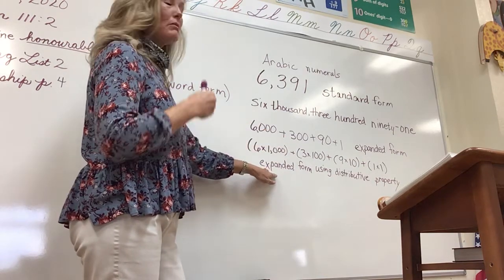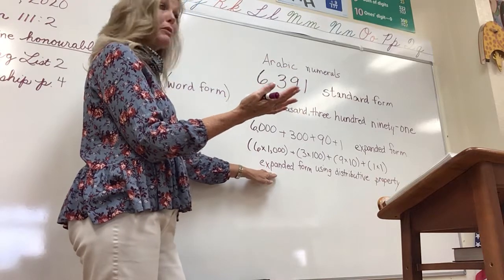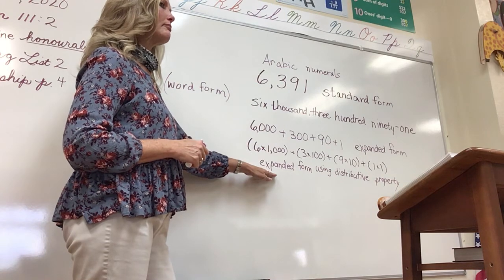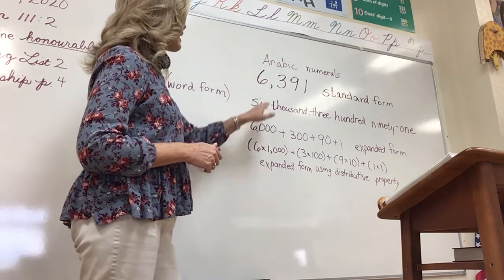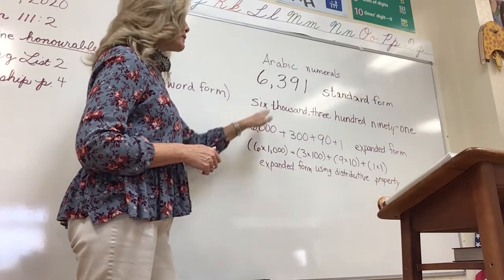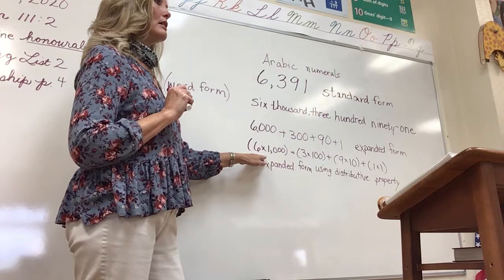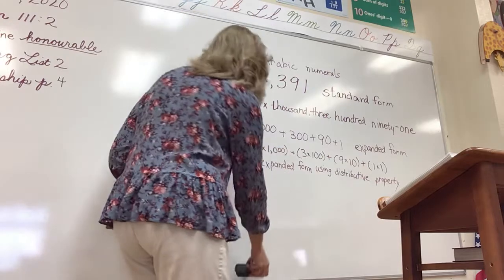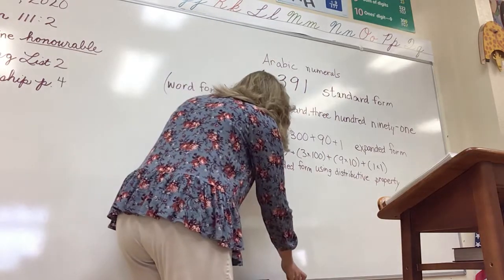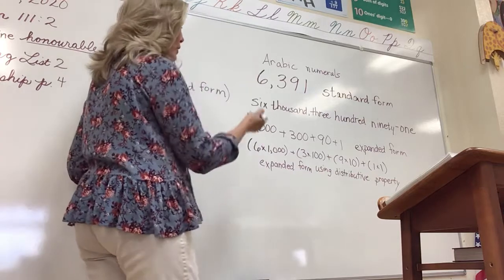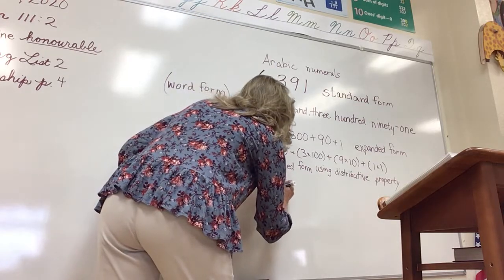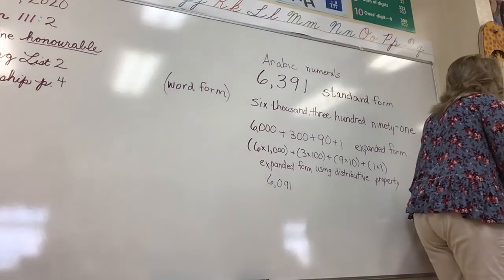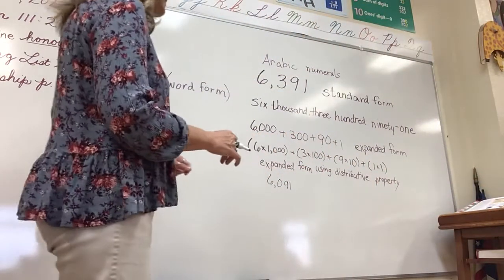Why might I need to communicate using expanded form using distributive property? This is going to help me identify the value and place of each digit quickly. What if I had a number with a 0 in it? I'm going to use a different color, and that way I don't have to move over to the other board. Say I had 6,091 instead of 6,391.